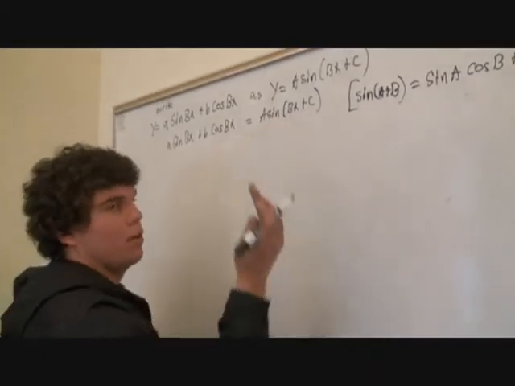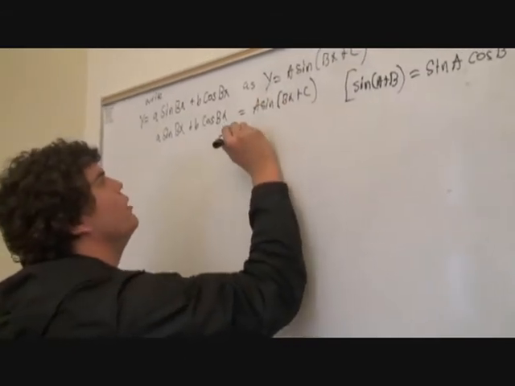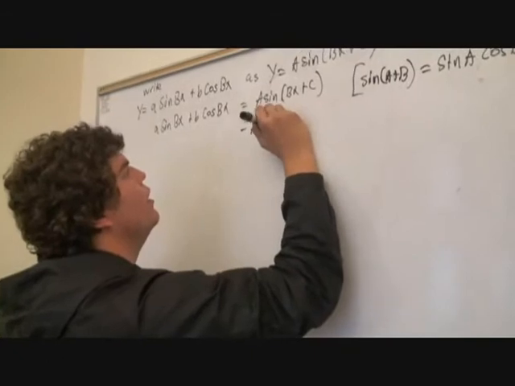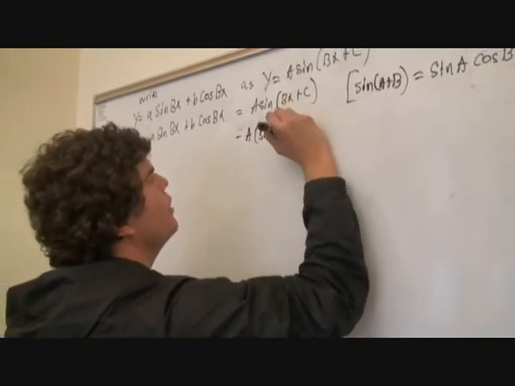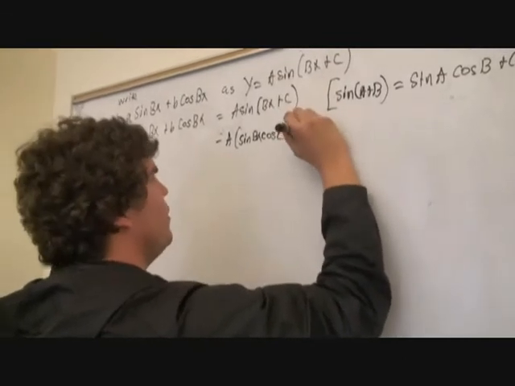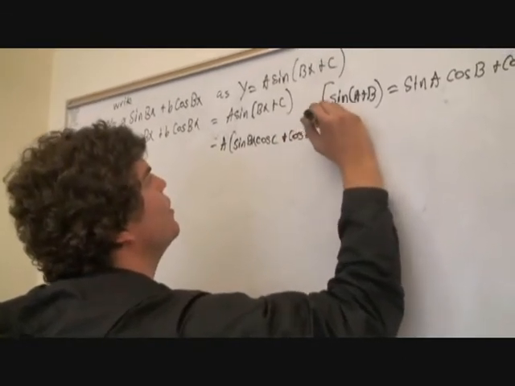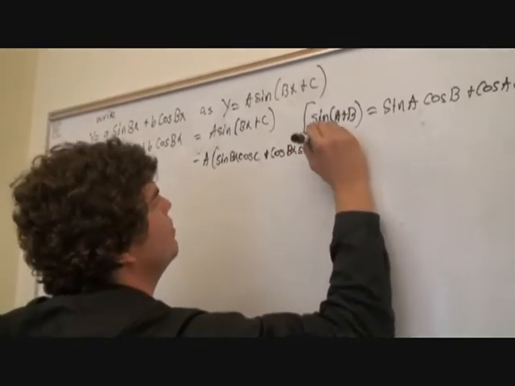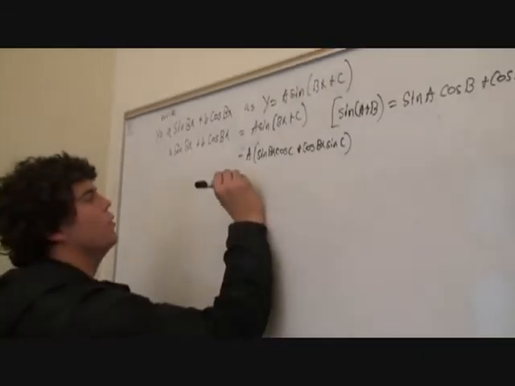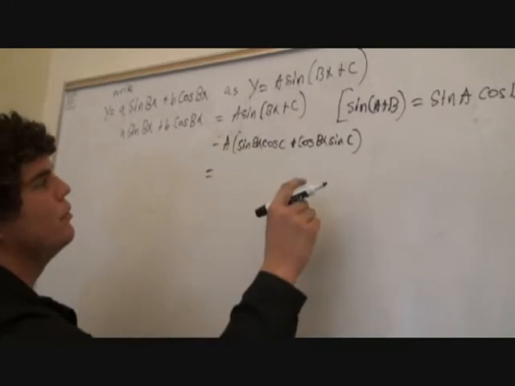A, B, and C are all constant. X is just a variable, so we're just going to lay it out as A times the entire quantity of sine Bx, which is our A, cosine C, plus cosine Bx sine C. Okay? And then we're just going to multiply it in individually.